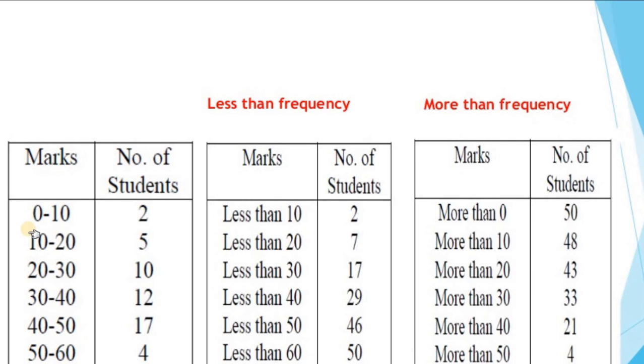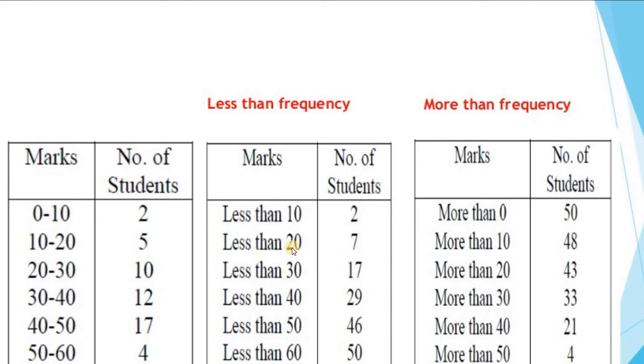Here one example is there. Classes are 0 to 10, 10 to 20, 20 to 30, 30 to 40, 40 to 50, 50 to 60. Number of students 2, 5, 10, 12, 17, 4. Here marks less than 10, we are finding less than cumulative frequency. Between 0 and 10 how much is the value? 2.